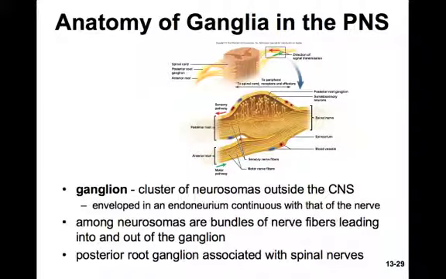Among the neurosomas are bundles of nerve fibers that lead into and out of the ganglion. The posterior root ganglion is associated with the spinal nerves on the posterior side. This is where the cell bodies of sensory neurons can be found right before the neuron enters the dorsal horn.